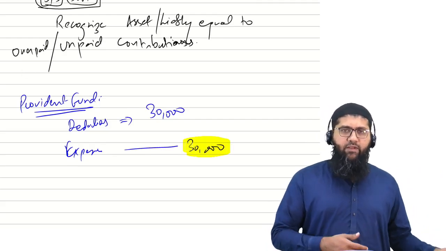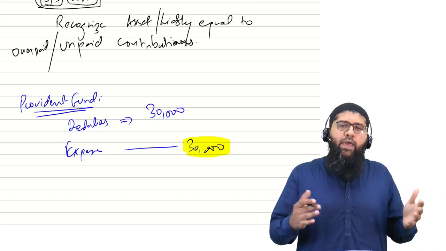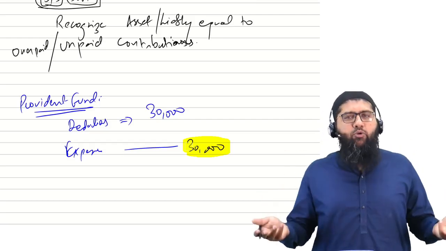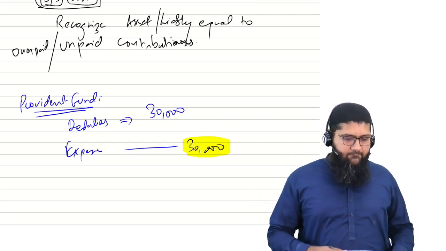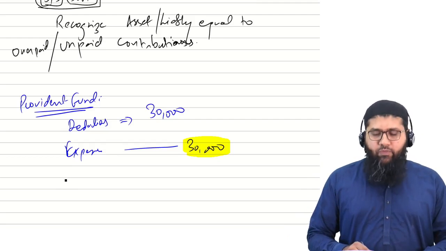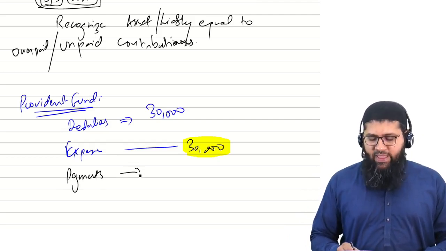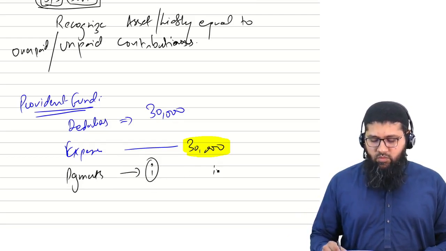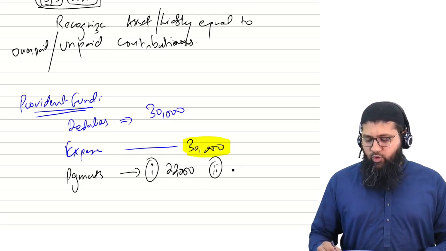If the deductions from the employee's salary were 30,000, then you as an employer are also required to pay the equal amount. Next, assume that payments during the year are, let's say case number 1 and case number 2, 22,000 and 35,000.